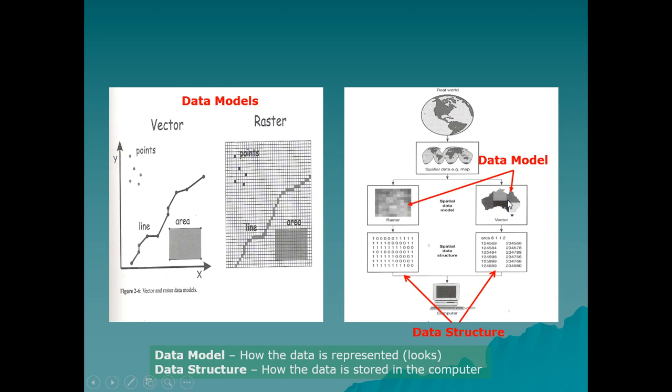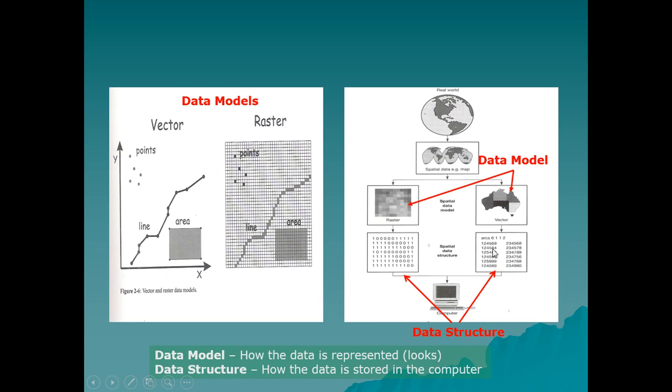Now for each of these, they are stored differently on the computer. A raster data set will be stored on the computer with our data arrangement looking something like this. For example, binary coding. We see our data or binary values represented, organized here in rows and columns, whereas with our vector, the organization of our data structure is very different.